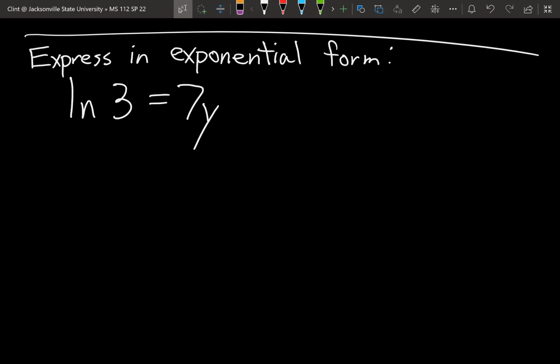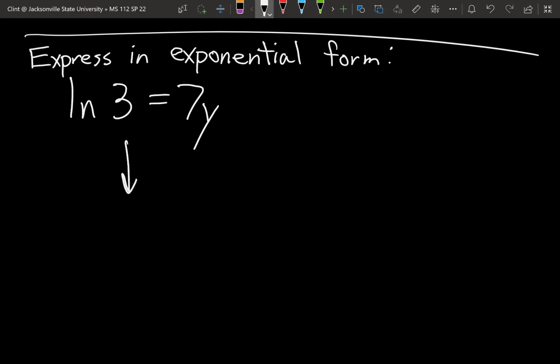So the first thing we need to do is identify what the base is. The base is going to be the same in logarithm form and in exponential form. So on this one, the base is normally the little number written down here. But this is one of our special ones. We don't have a little number written down there. You remember what the base of the natural log is? It's e, yeah, base e. So that's what we want to start with.